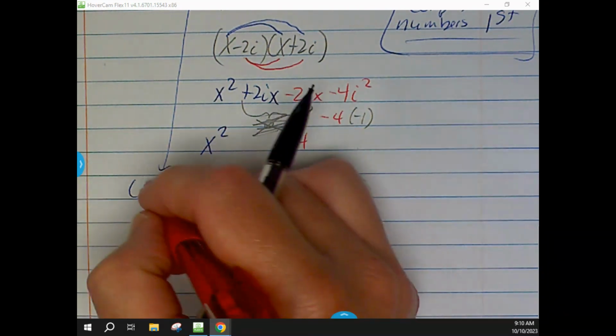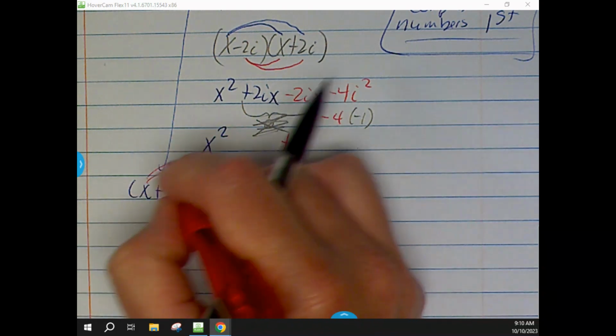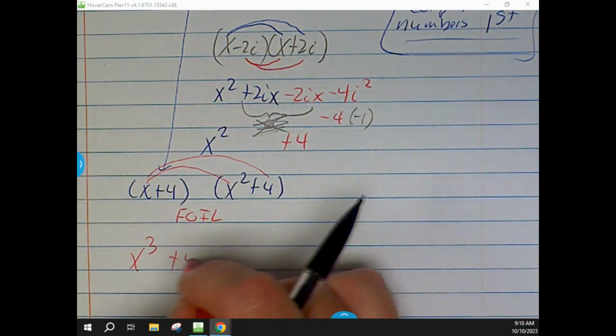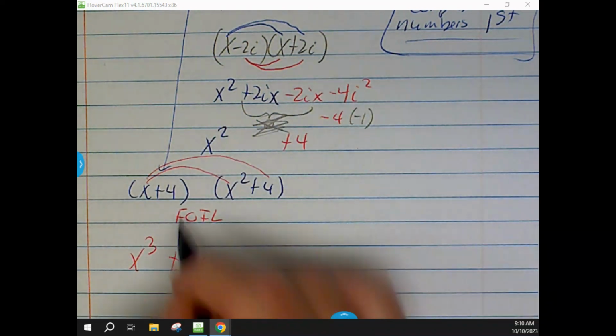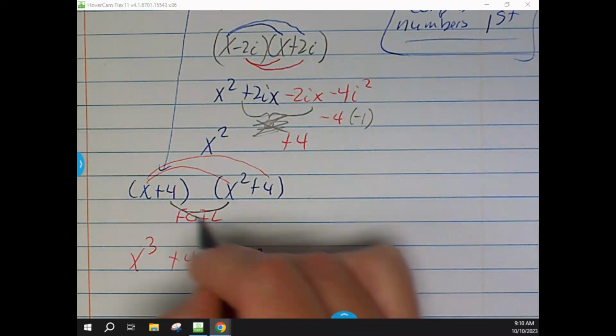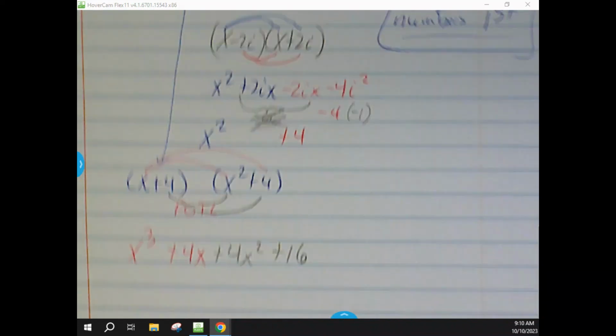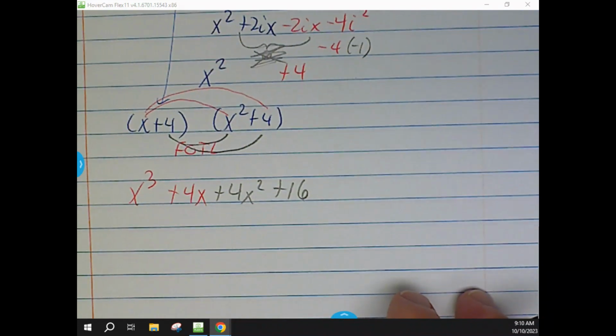So now we've got x times x squared for x to the third. We've got x times 4 for 4x. We've got 4 times x squared for 4x squared, and then 4 times 4 for 16. All right, and if they don't say anything at all about writing it in descending order, that answer would be okay.